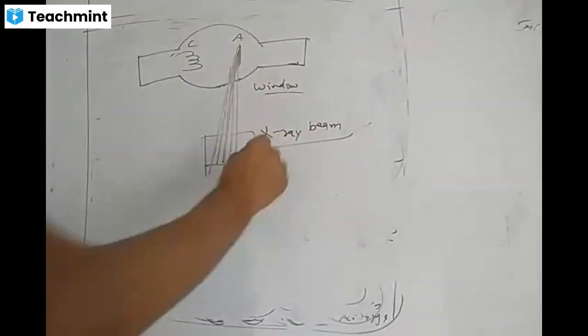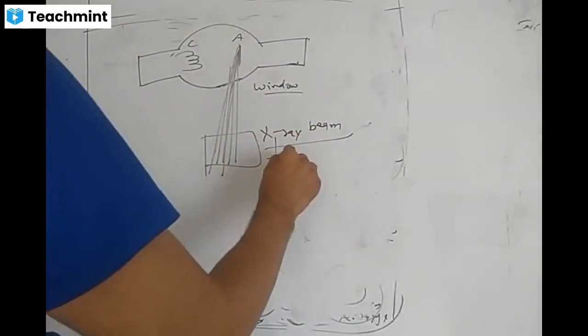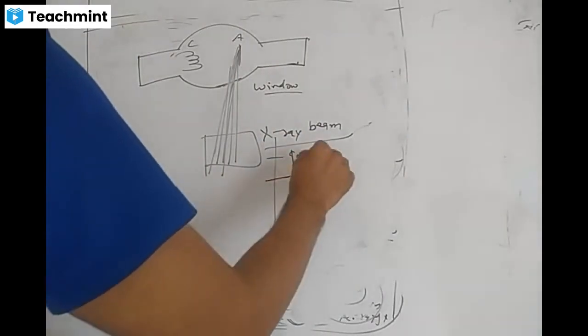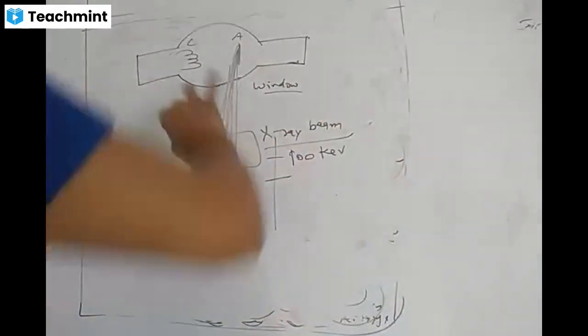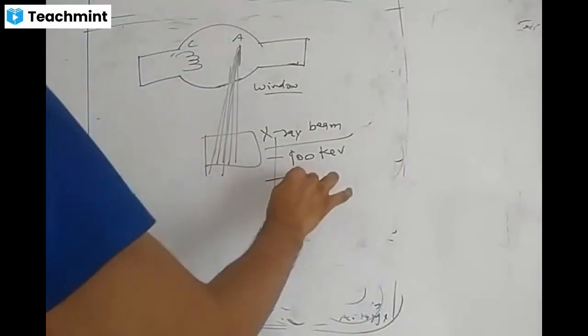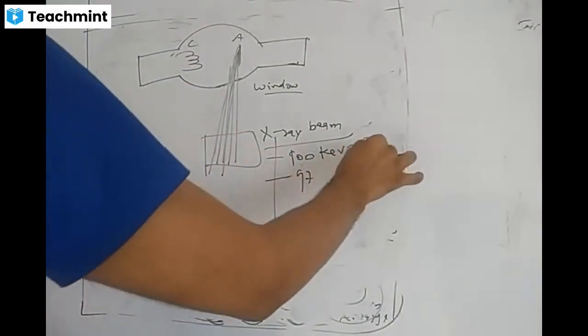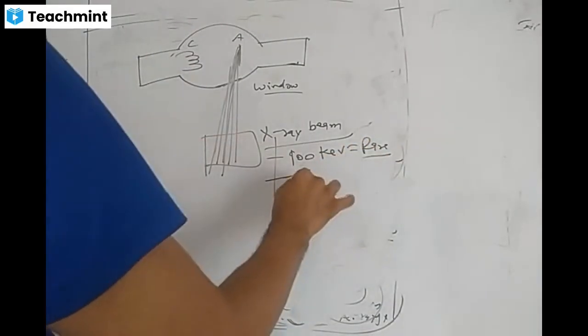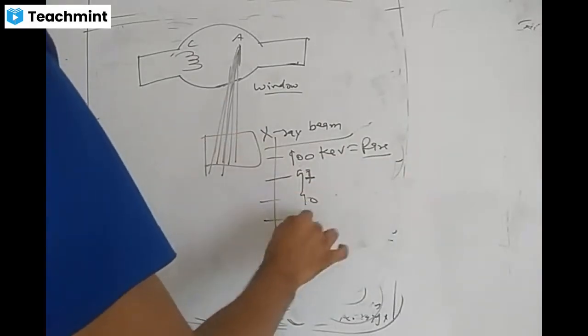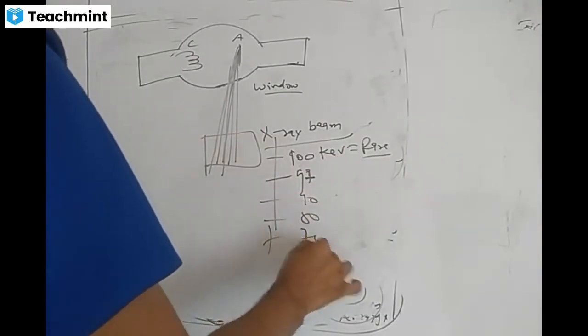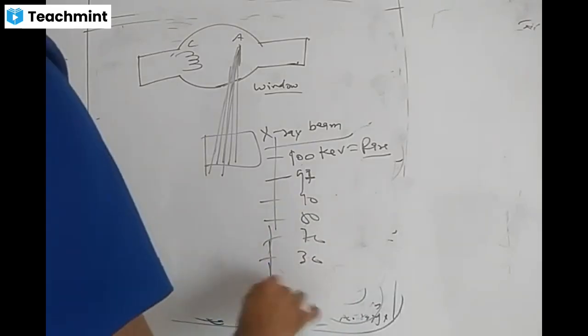In this X-ray beam, some X-rays have the full 100 kilo electron volt energy, because they have gained full energy and produced full. But they are rare, only 1 or 2. The majority are 97, 90, 80, 70, 30, 40.